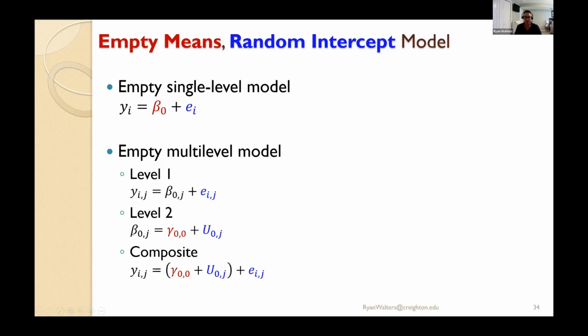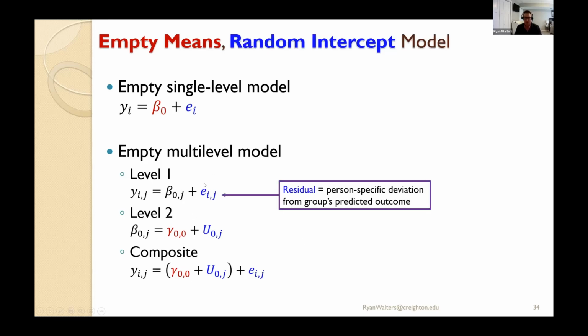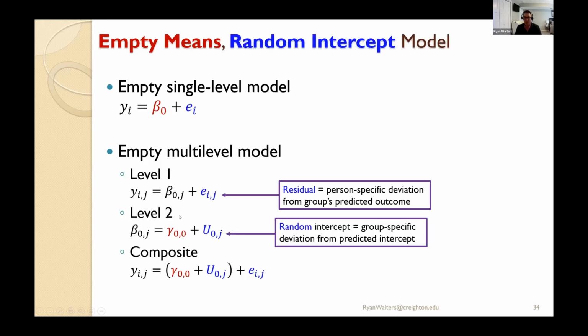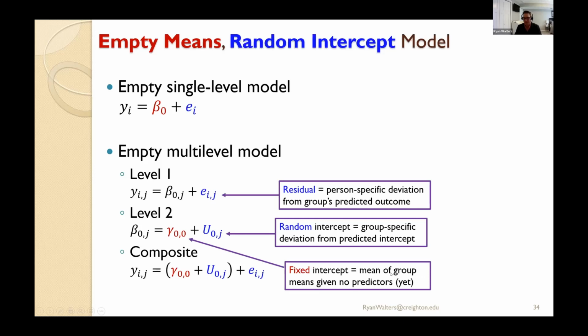We can substitute gamma 0,0 plus U0j into our level 1 equation to get our composite equation. Okay? So our residual value, again, is a person-specific deviation from the group's predicted outcome. Our random intercept is our group-specific deviation from the predicted fixed intercept. The fixed intercept is just the mean of the group means, given there are no predictors yet.